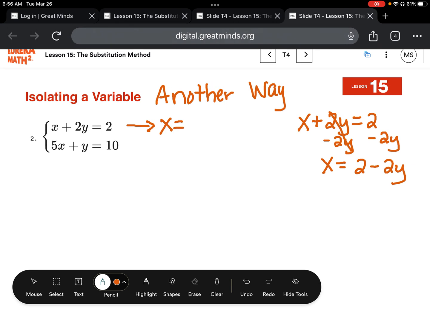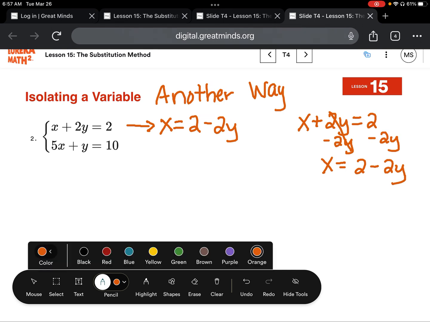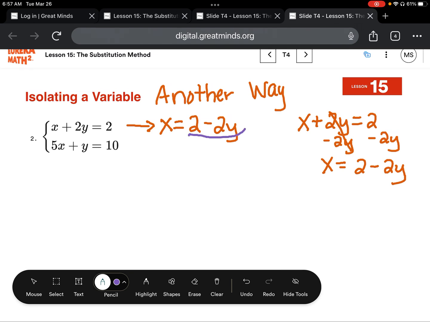And it's okay if it's x equals and not y equals for this instance. I generally like to do slope-intercept form because I think it's good practice to get into, but we could have also then substituted this in for the x and solved from there. So instead of writing x, I would write 2 minus 2y plus y equals 10.